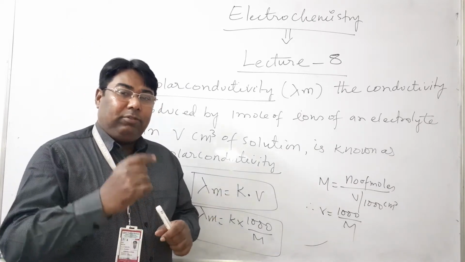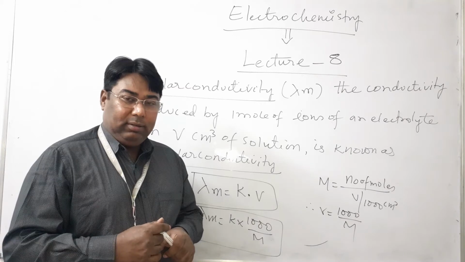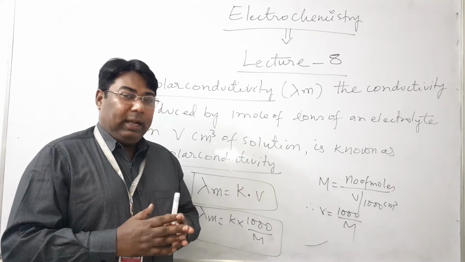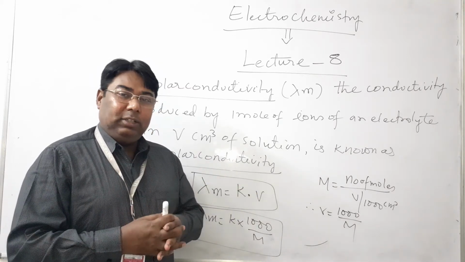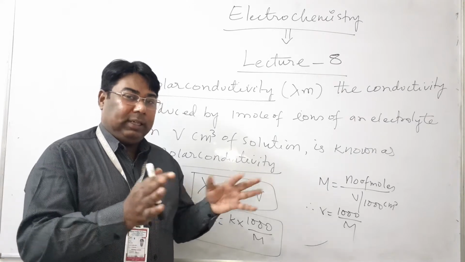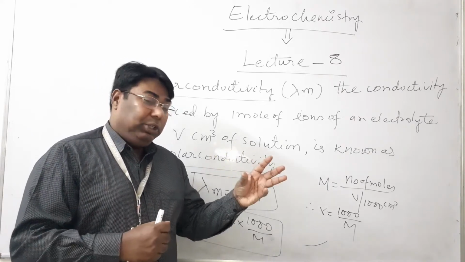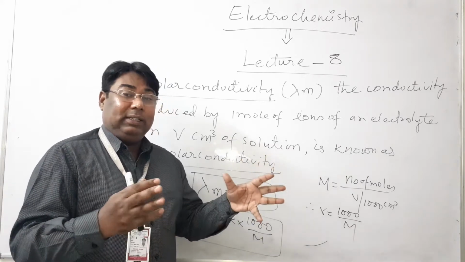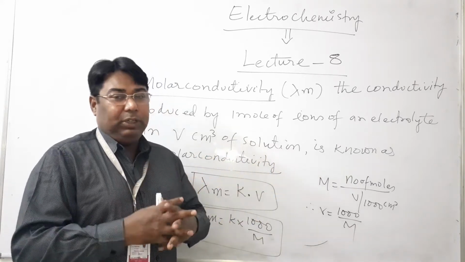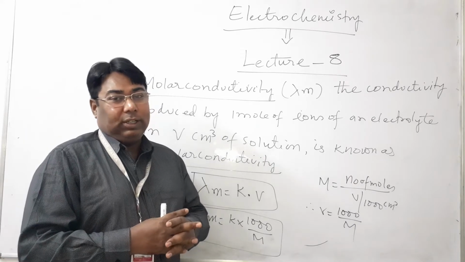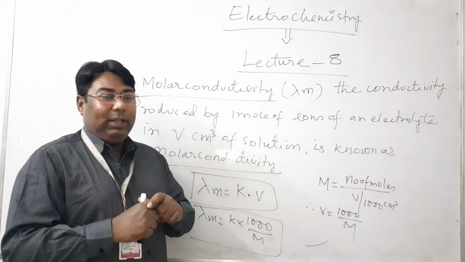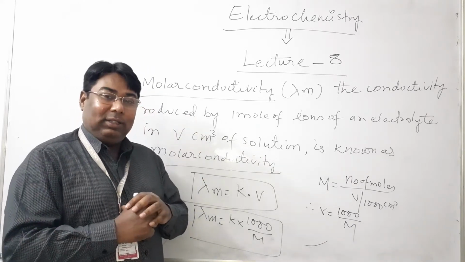Suppose that you have 1 mole of NaCl added in V centimeter cube of solution, then Na plus and Cl minus are formed. And then due to the mobility of Na plus and Cl minus, conductivity is produced in the V centimeter cube of the solution, and that is known as molar conductivity.